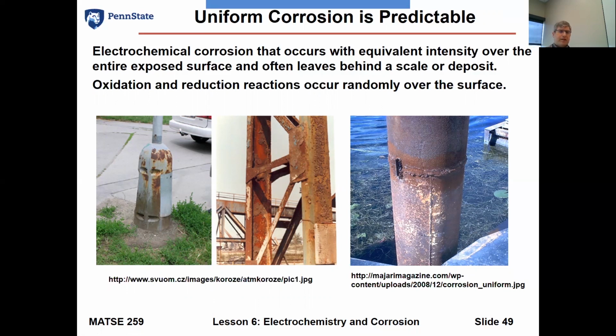And the oxidation and reduction reactions are occurring randomly over the surface. If we have this scale deposit, sometimes we can use that a little bit to our advantage. It acts as almost that passive film that we saw in the iron pillar of Delhi. It is unattractive, but it's something that's predictable. And as engineers, we're always after things that are predictable and decrease uncertainty.